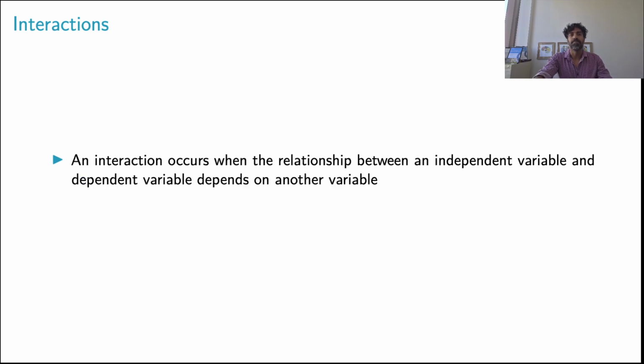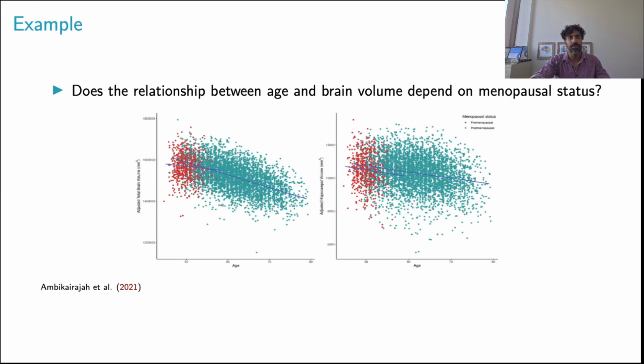So an interaction occurs when the relationship between an independent variable and a dependent variable depends on another variable. I've said that again because it's really, really important. It's really the definition of an interaction term. So when we talk about interactions, we're talking about whether the relationship between these two variables depends on another variable. Let me give you an example from my own research.